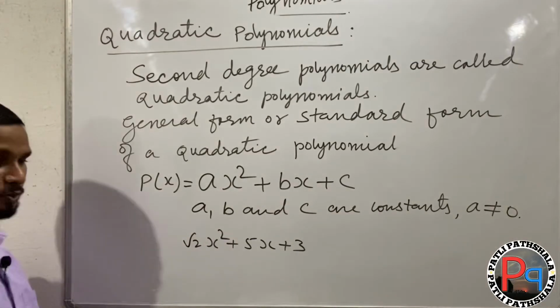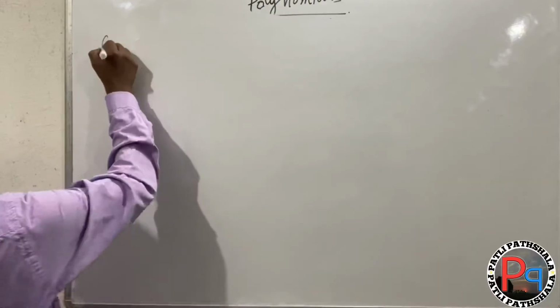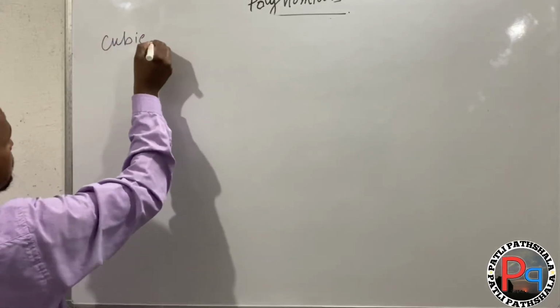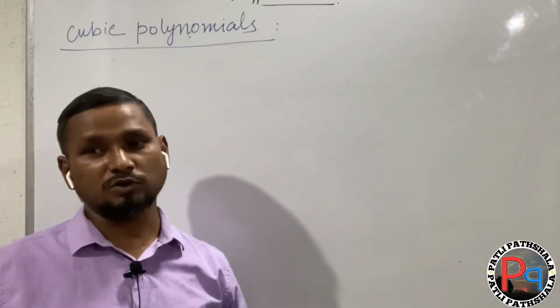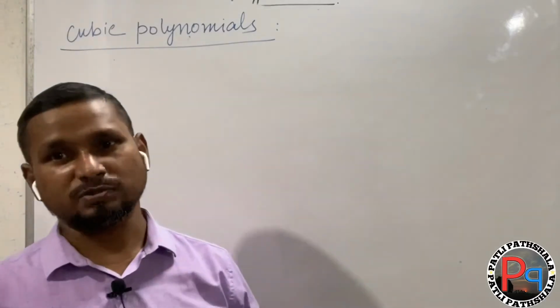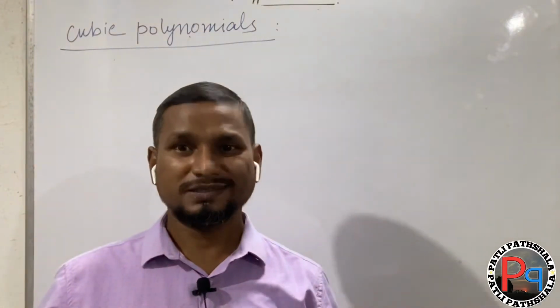Next is the cubic polynomial. Third degree polynomials are called cubic polynomials, meaning those polynomials whose maximum power is 3.